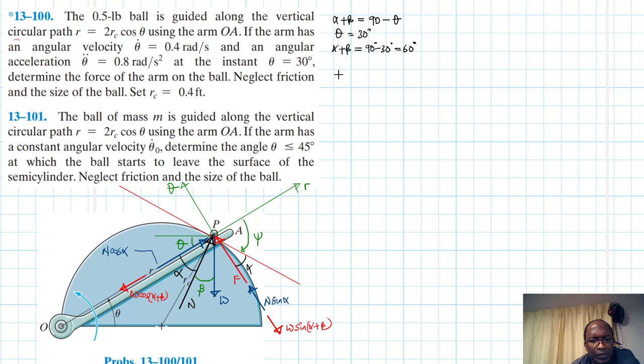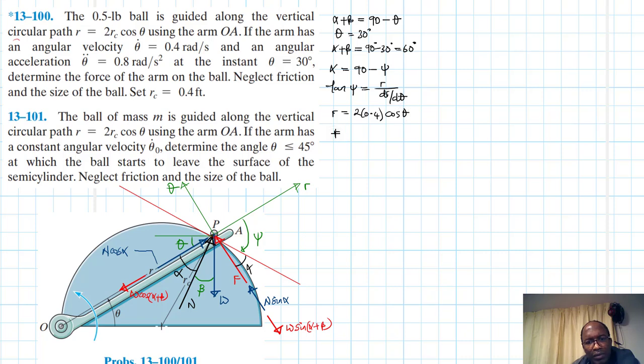Then alpha itself is equal to 90 minus psi. We know that tan psi is just equal to r over dr/dtheta, and our r is equal to 2 r_c, which is 0.4 cos theta.